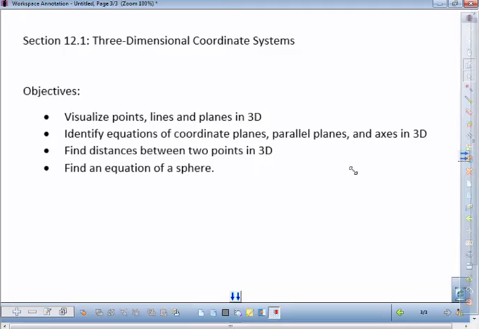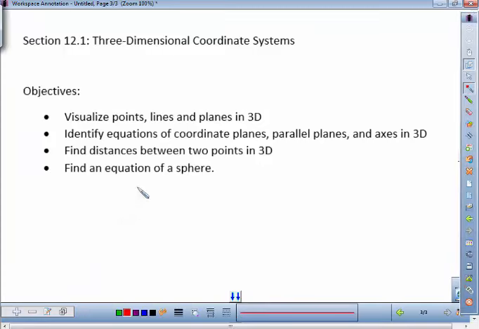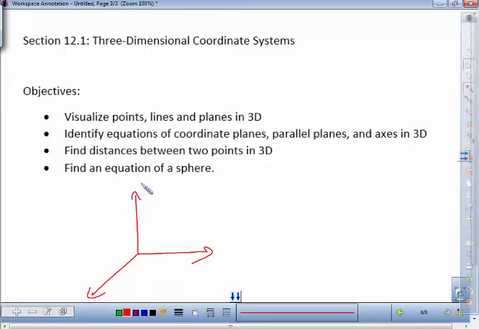So let's start with drawing a 3-dimensional set of axes. And the idea is to look at them from a point of view that's easiest to look at.